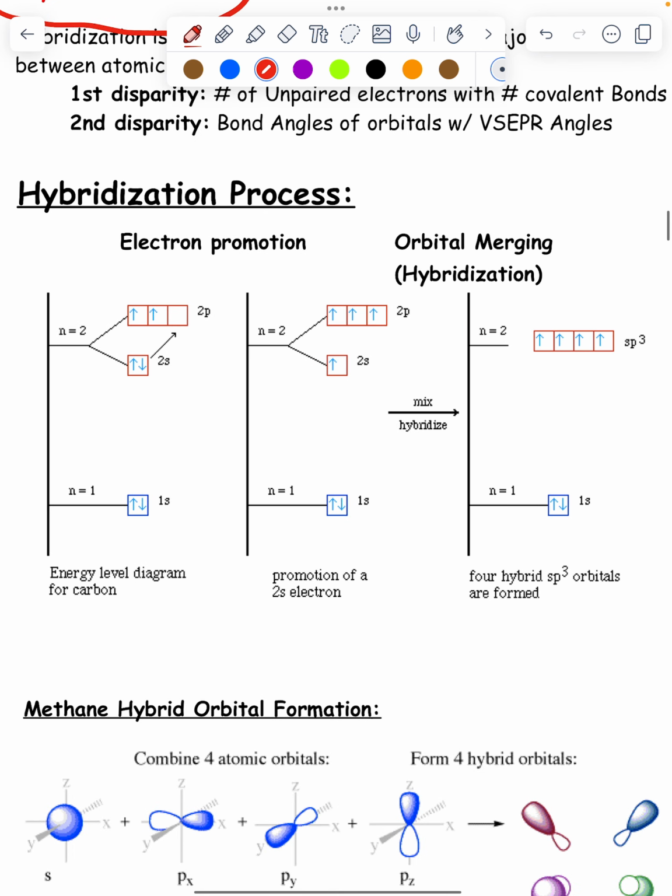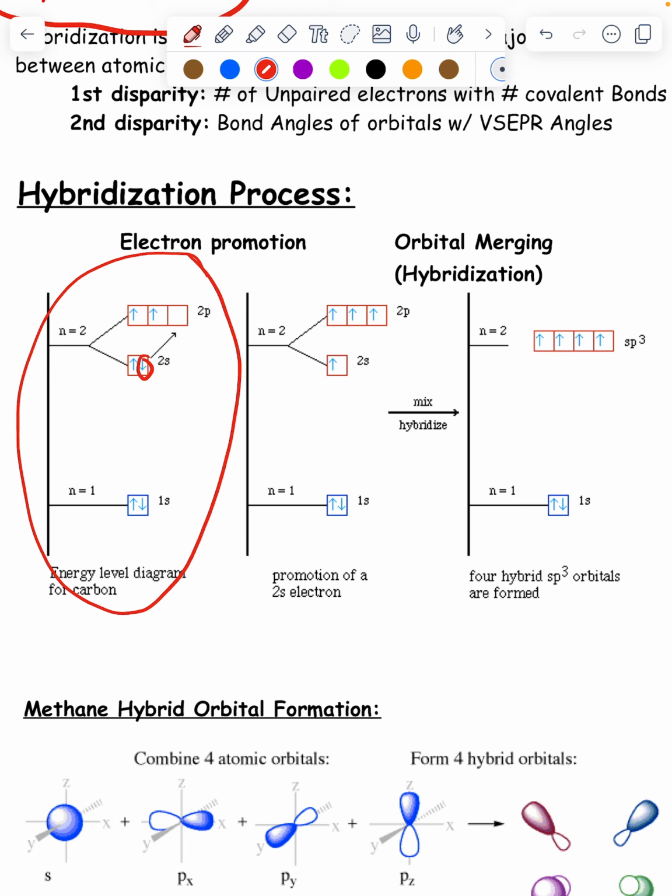Now, this is the hybridization process as it's normally described, and it's done for carbon. So we have the 1s2, 2s2, and the 2p2 shown here on the left-hand side. That's the starting configuration of carbon. And the idea is when the bonding process is happening, when atoms are colliding and there's some energy present from the collisions of these atoms, an electron in the 2s can be promoted to the 2p.